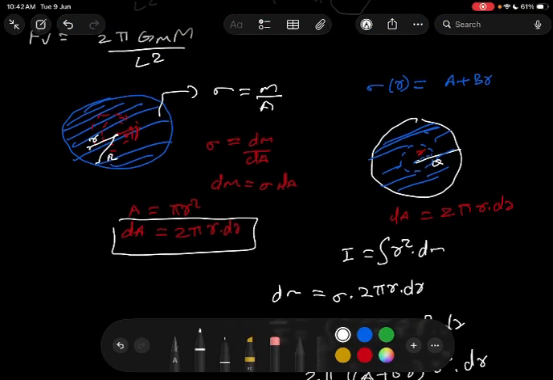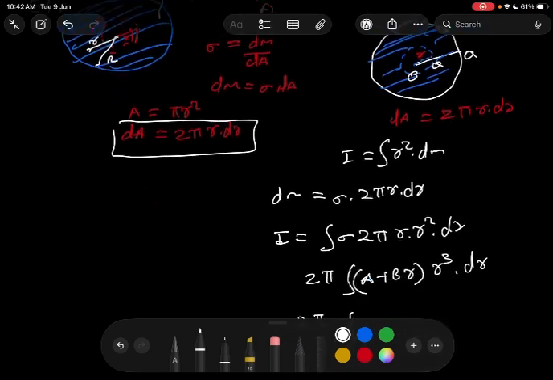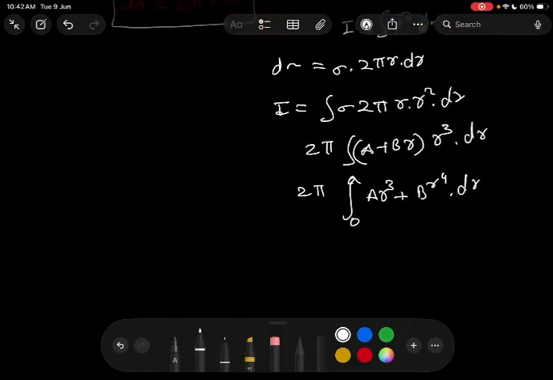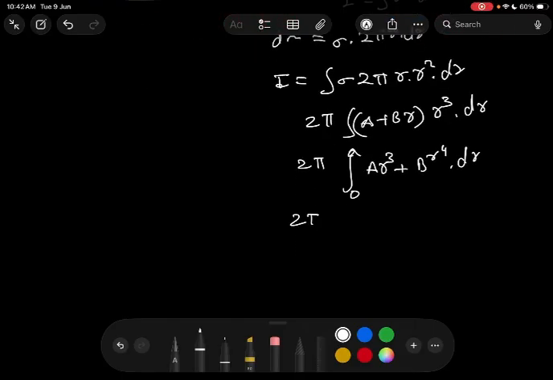And from where to where do we have to integrate it, guys? We have to integrate from 0 to a, basically covering the entire disk. 0 to a, a r cube plus b r power 4 into dr. Now we are just going to integrate it. 2 pi, and this is a r power 4 by 4, basic integration, 0 to a, plus b r power 5 by 5, and again 0 to a.